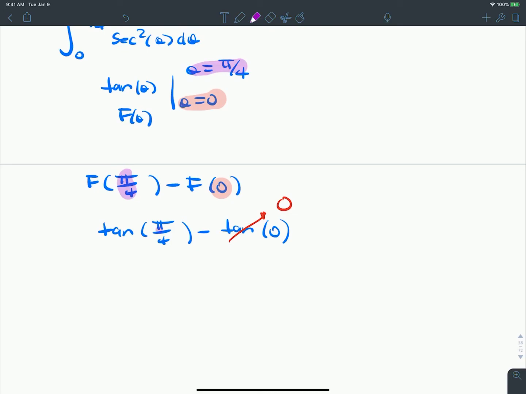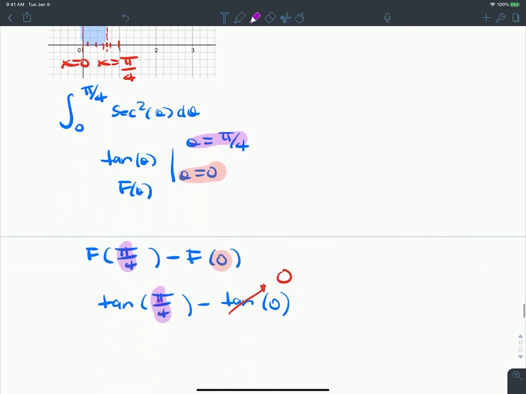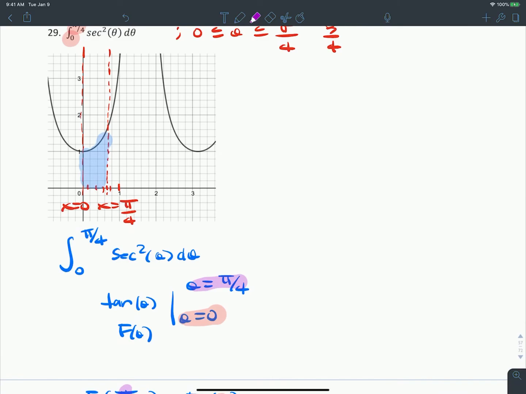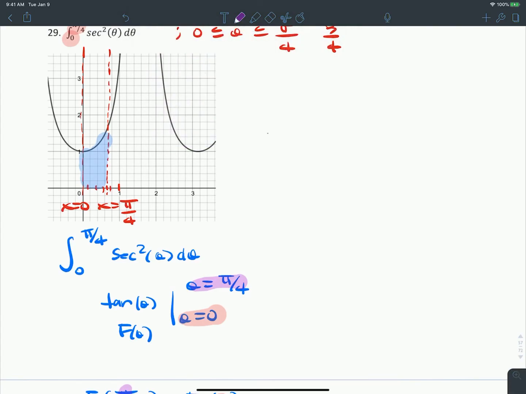So if you go back here, and we try to find pi over 4, you're going to go to another special triangle, which is your 45, 45, 90-degree triangle here. 1, 1, square root of 2. Here's 45 degrees here, so we may need a bigger triangle. 1, 1, square root of 2, pi over 4.